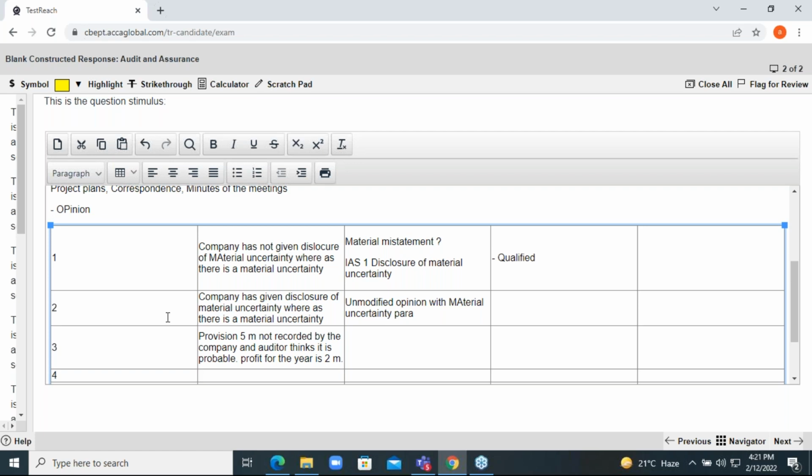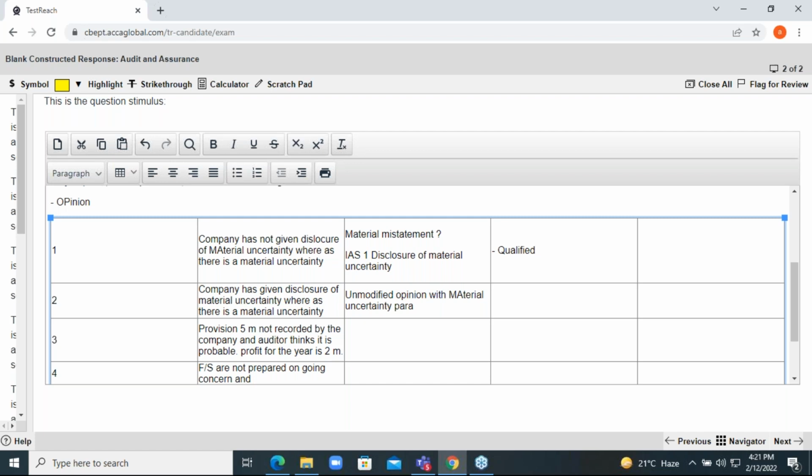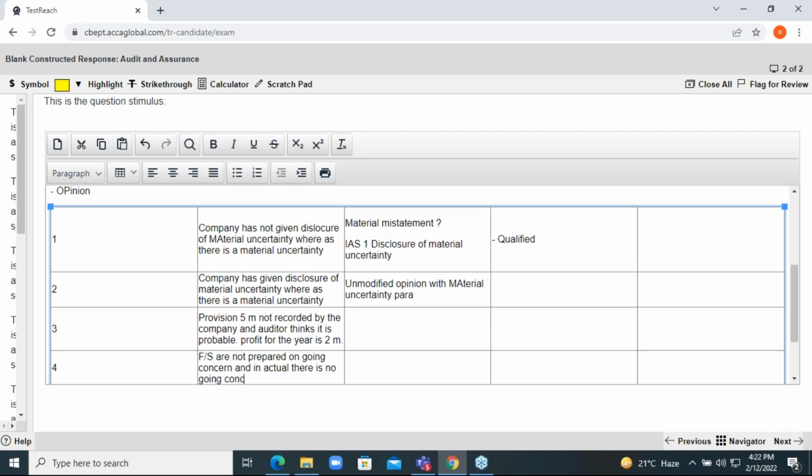Now let's have another question. What will happen if financial statements are not prepared on going concern and in actual there is no going concern?